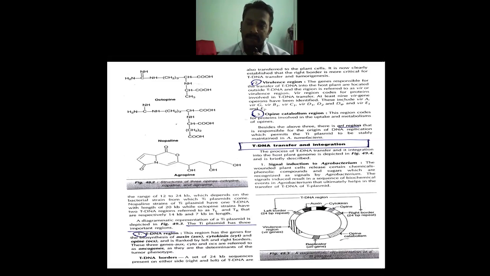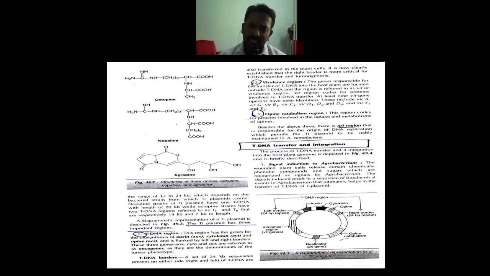Then the opine catabolism region codes for proteins involved in uptake and metabolism of opines. The origin of replication region is also present, which is responsible for the origin of DNA replication and permits the Ti plasmid to be stably maintained in Agrobacterium tumefaciens.